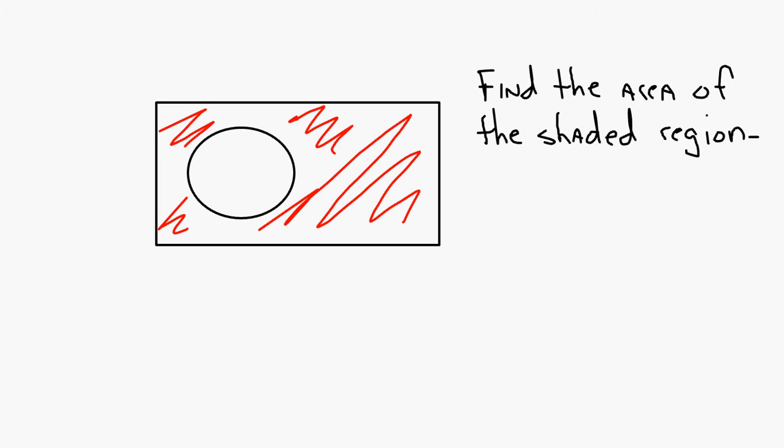It's a little bit different, right? If you're asked to find the area of the shaded region, don't you have a rectangle with a circle inside of it? Yeah. Is the circle shaded? No, just the rectangle. So wouldn't it be the area of the rectangle minus the area of the circle?